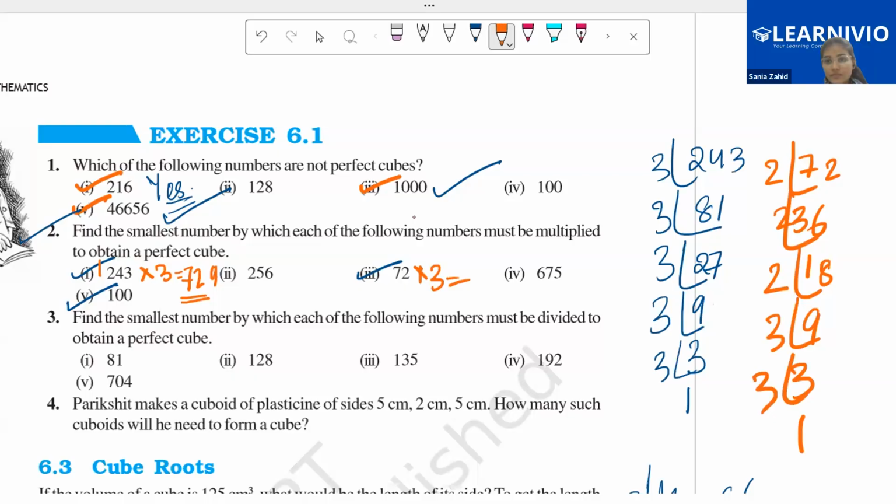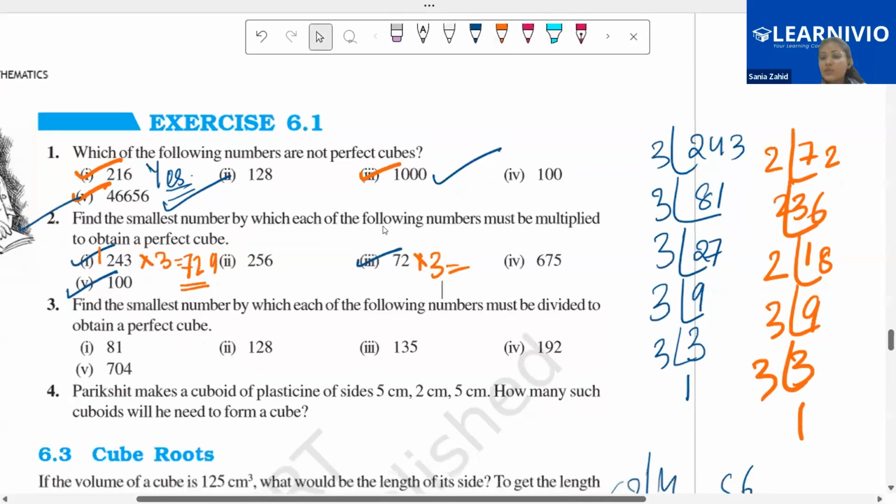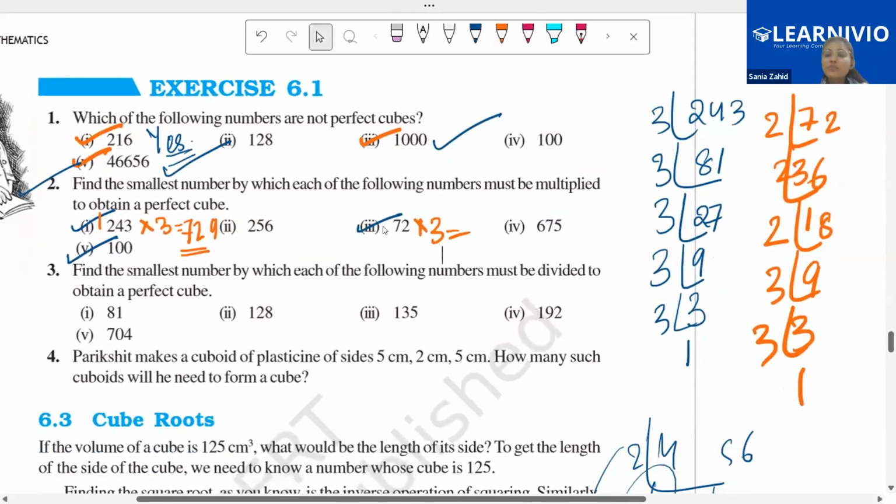Ma'am, as per the question, it was just written to find the smallest number which should be multiplied. It's not written to find the answer. But see, Mustafa, we are practicing questions right now, so we must practice all types of questions. In your exams you can just leave it till here only, but sometimes they can ask you to tell the number also, or tell us of what number it is the cube root.